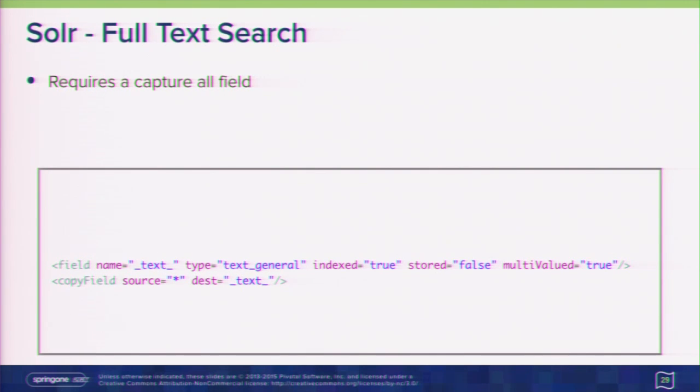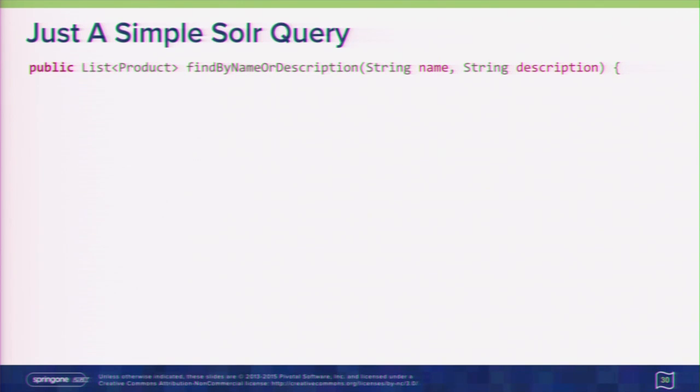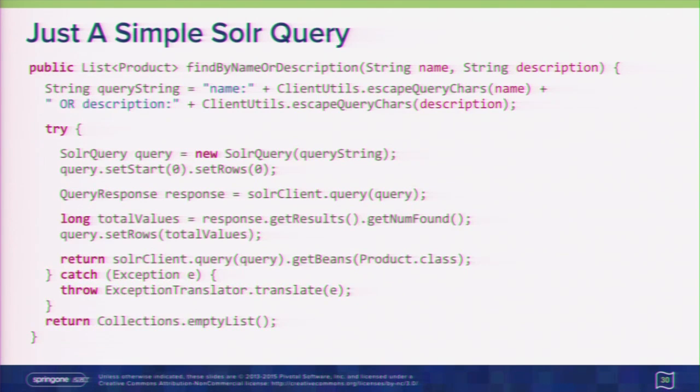So, let's have a look at a simple Solr query. You saw it in the API before. In Java, it looks a little bit different. This is just a random method, find by name or description, given the name and the description, and we want to look it up in Solr.